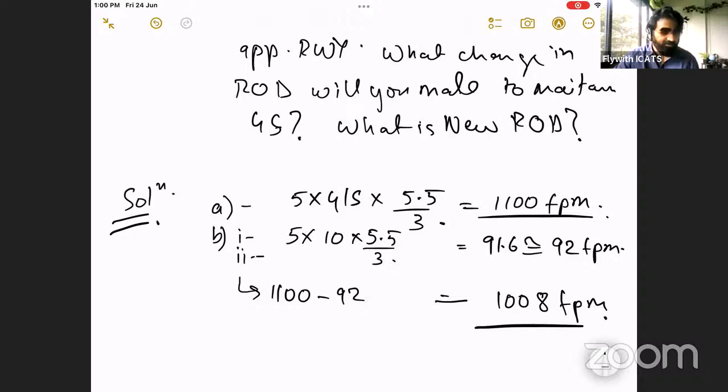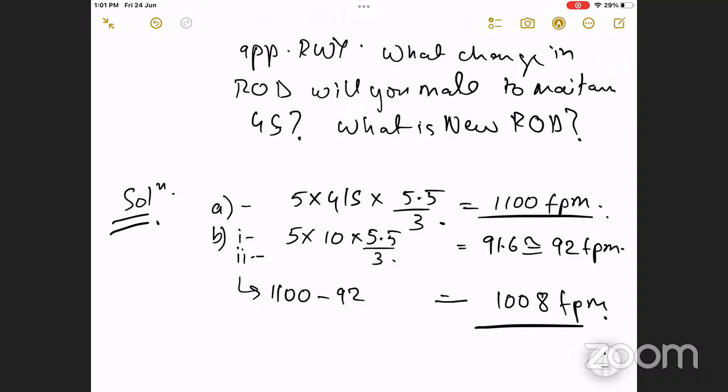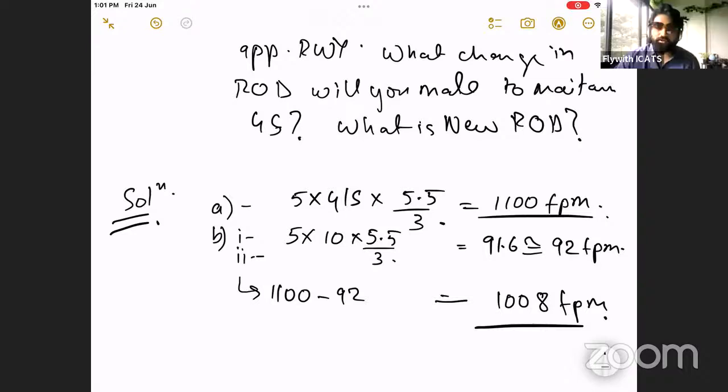Why 5.5 into 120, Rishi? What's the formula? Rishi, talk to me. What's the formula? 5 into ground speed into glide slope upon 3. So what have you done? 5.5, why?